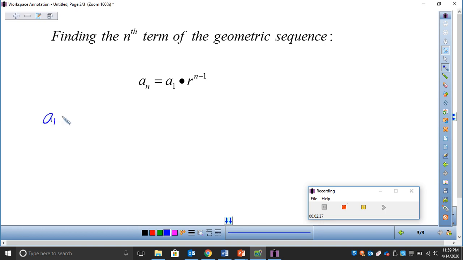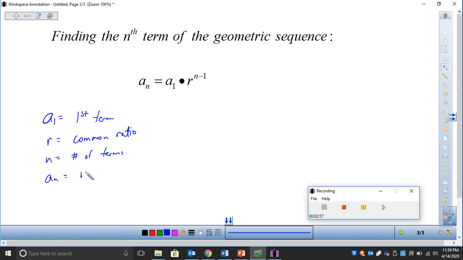A sub 1 is the first term. R is the common ratio. N is still the number of terms. And a sub n is still the nth term.